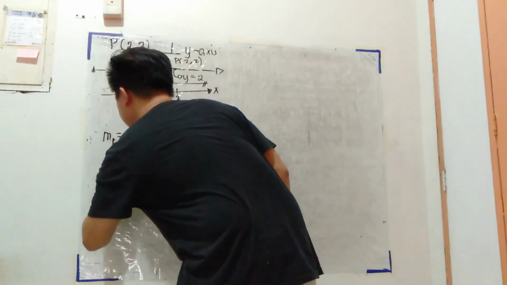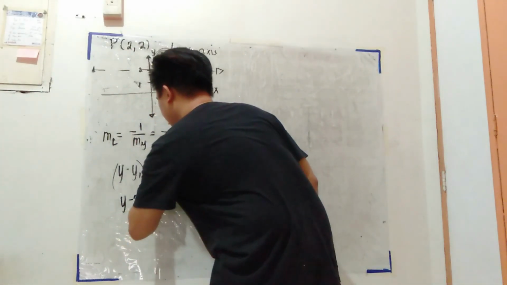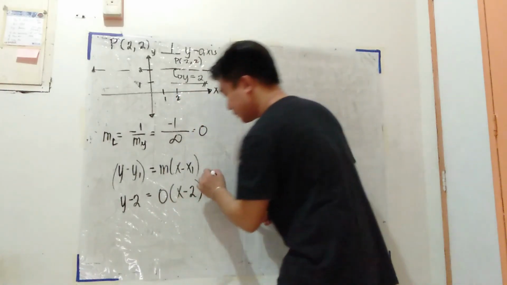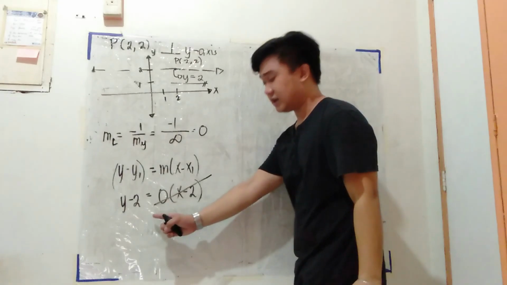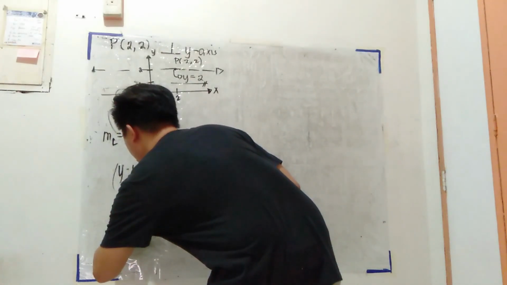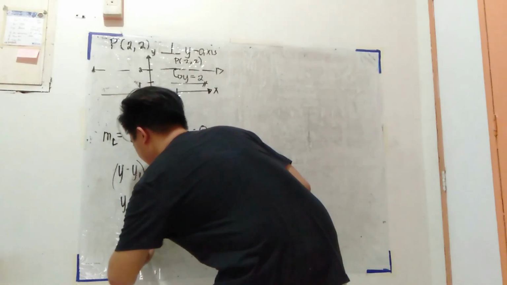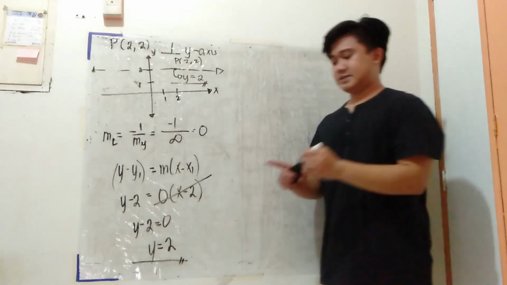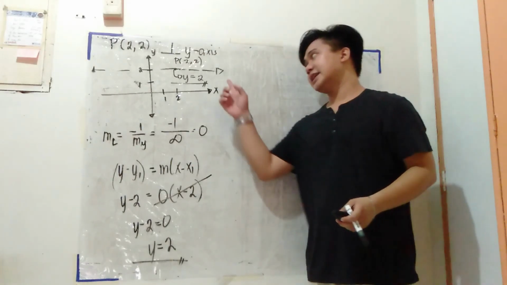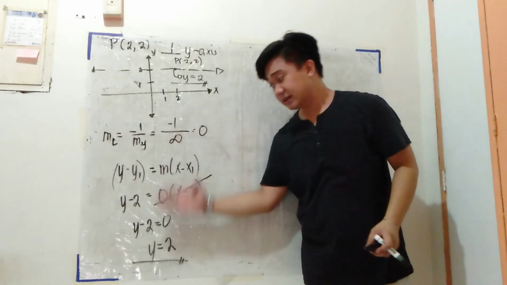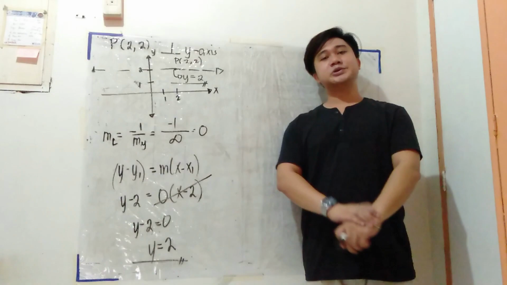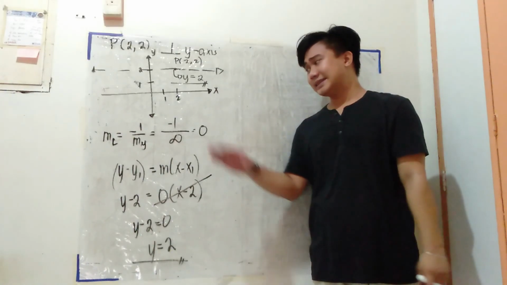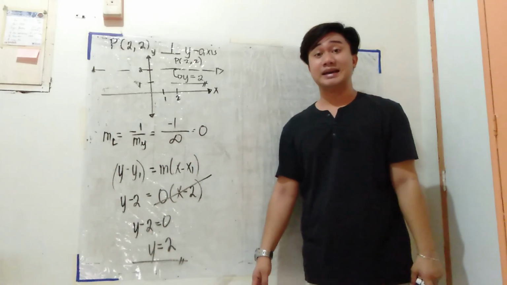So that is y minus 2 equals 0 times (x minus 2), and this will be equal to 0. So you have y minus 2 equals 0, or y equals 2. As you can see, by illustration we have an answer, and mathematically we proved that it is the answer. But if your drawing is accurate, you don't need to solve it mathematically.